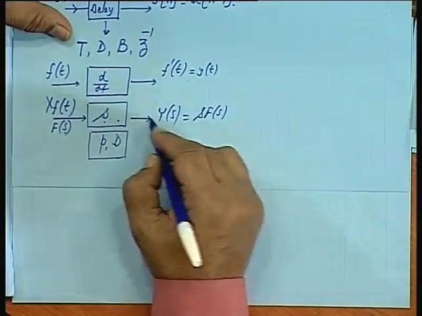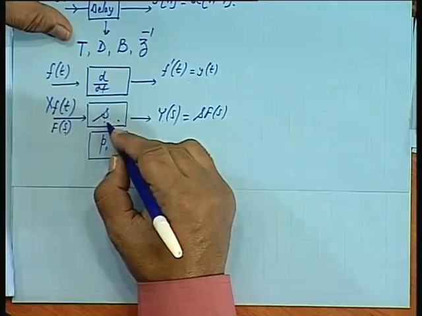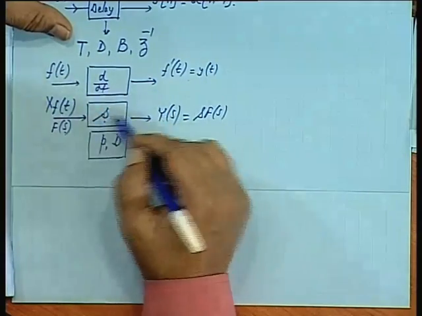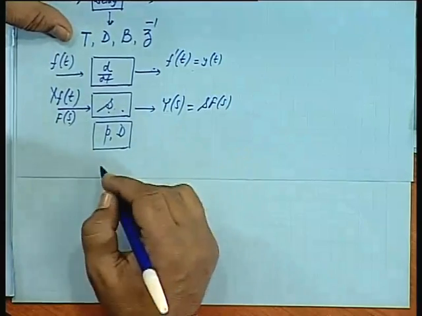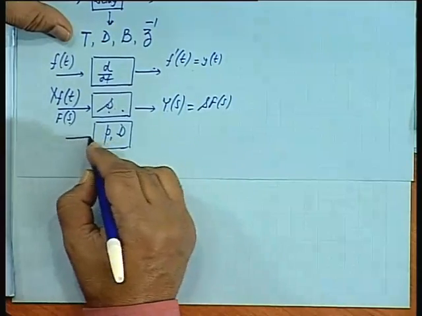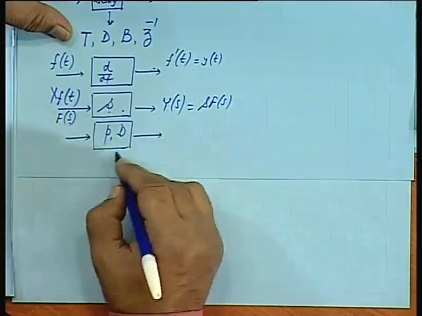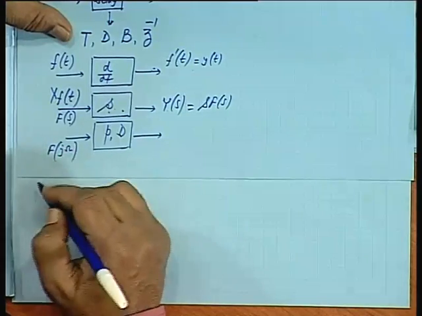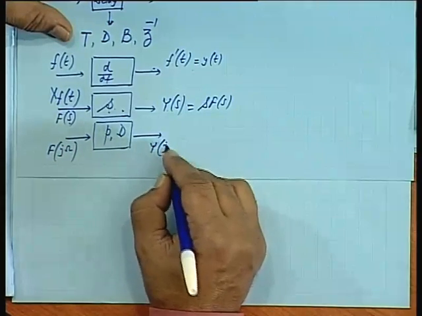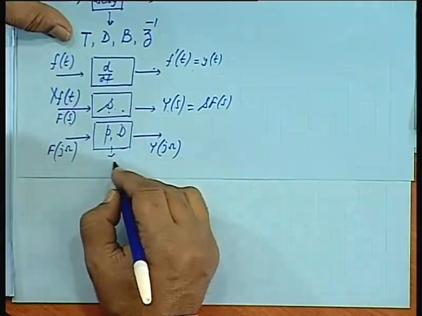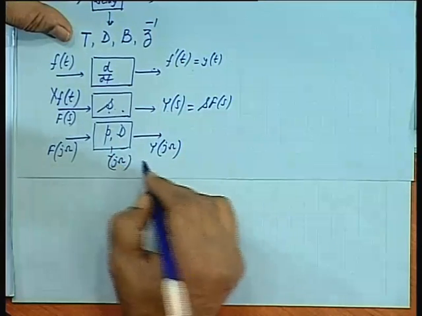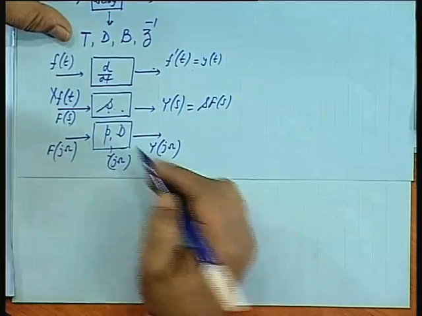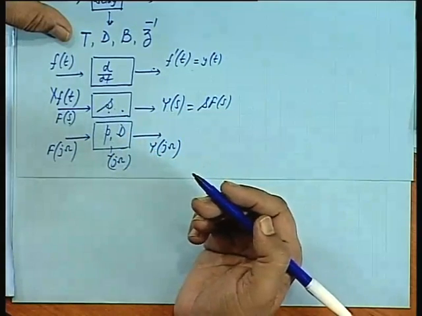So the use of the symbol depends on what domain you are using. In the frequency domain, if I write f j omega and this is y j omega, then this will be straight away j omega. So s is replaced by j omega in the continuous domain.